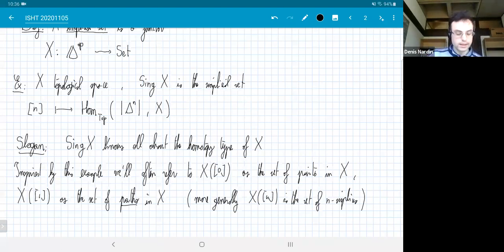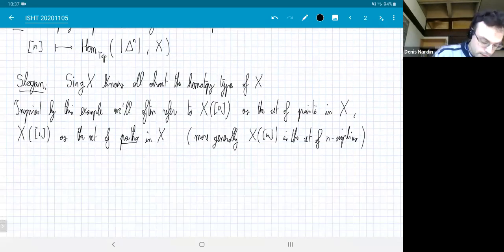So this makes sense. And for example, you can probably see how from these you can define the singular homology of a simplicial set. If you remember the definition you've seen in algebraic topology 1, Sing X knows all that you need to define singular homology.